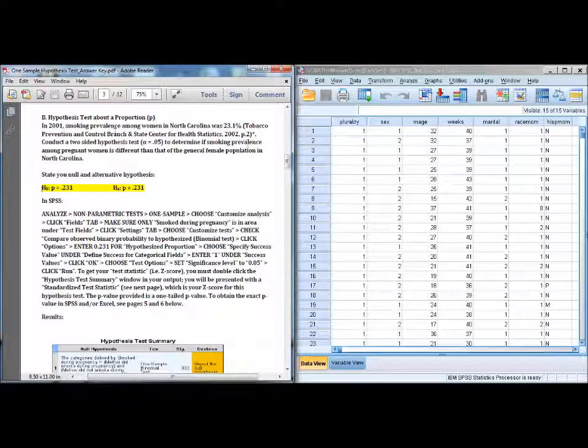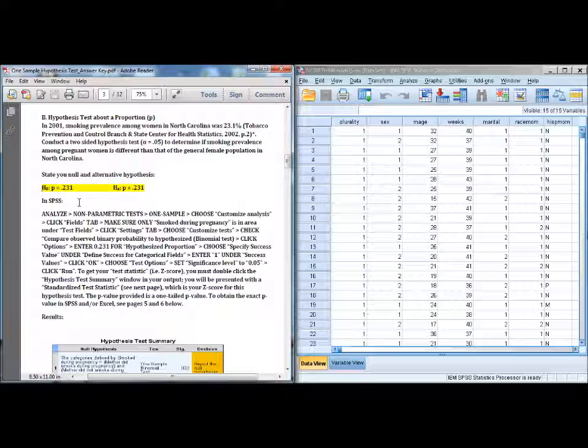We learned how to do that with a data distribution, with a normal data distribution. The only difference in this case is we're dealing with a sampling distribution. So we have a distribution of sample values, and we want to know how far off our sample value would be, how unlikely would it be to obtain a sample value of 0.143.